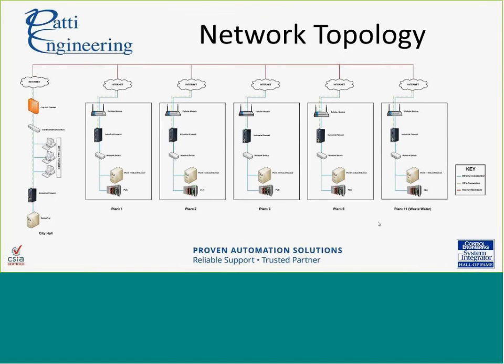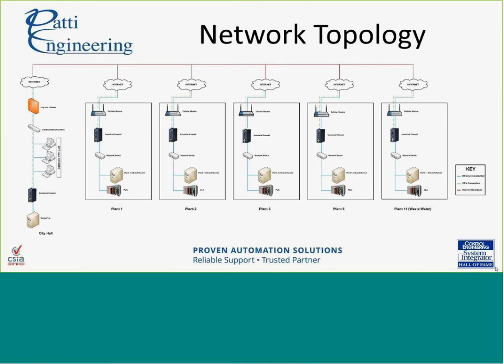So I touched on the network topology that we set up, but this is what enabled us to get that remote access, both at City Hall, and then some of the operators have tablets that they can get on the internet and hit these sites by VPNing in. So each plant had a cellular router and an industrial firewall installed on top of their local control system.